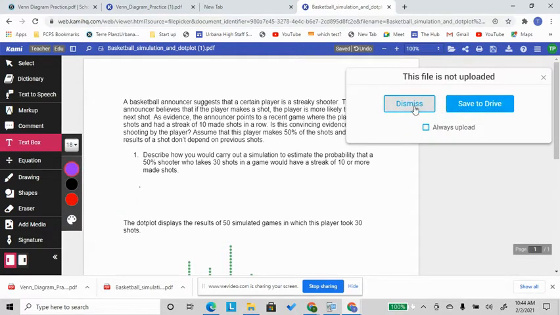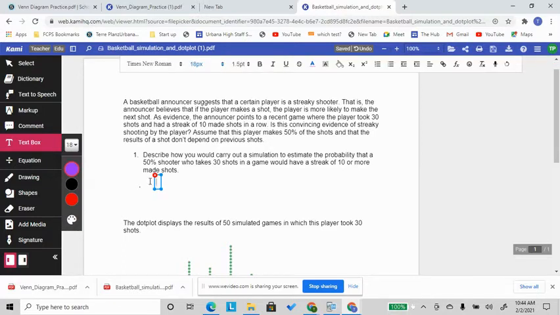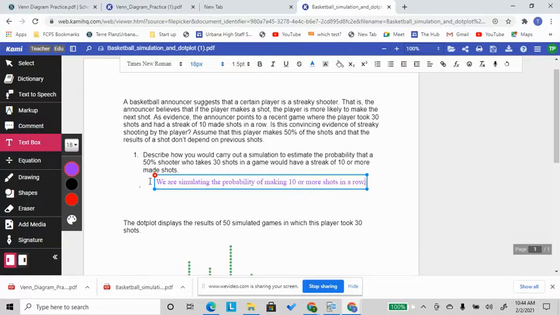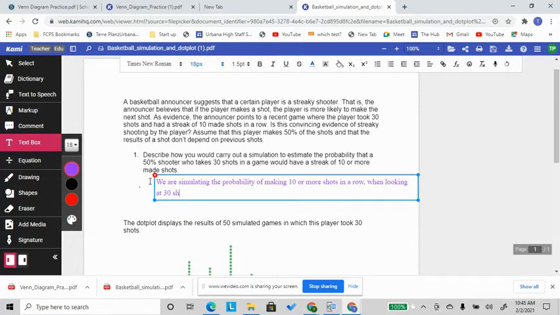Okay, so we are simulating a probability of making 10 or more shots in a row when looking at 30 shots.